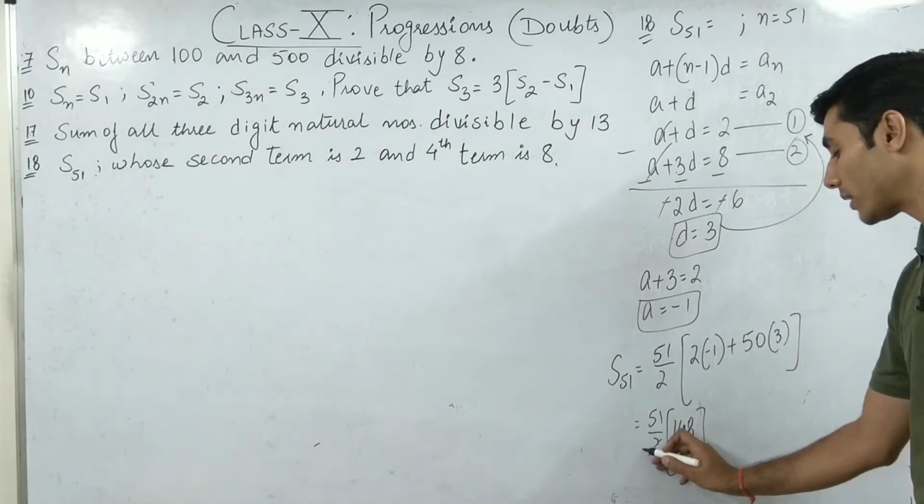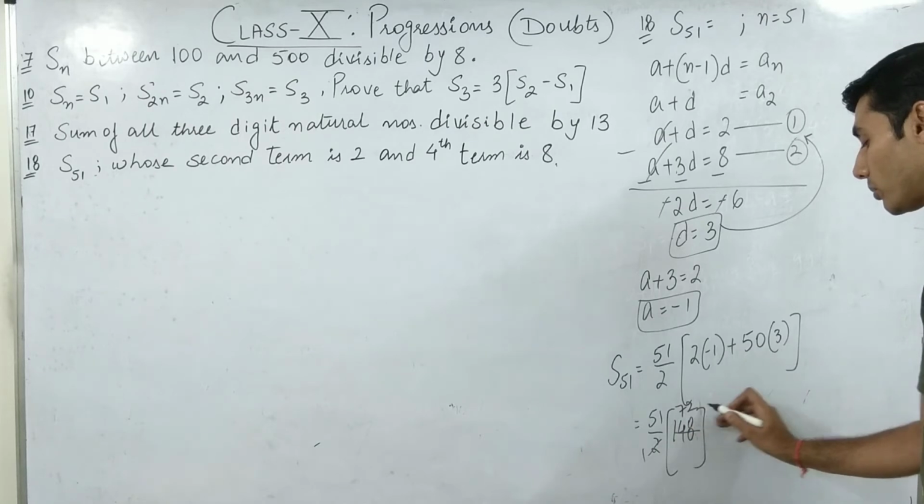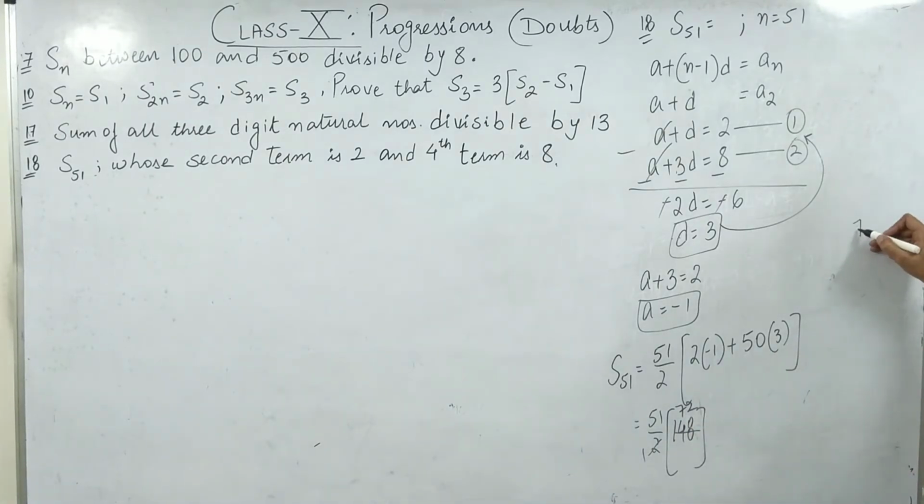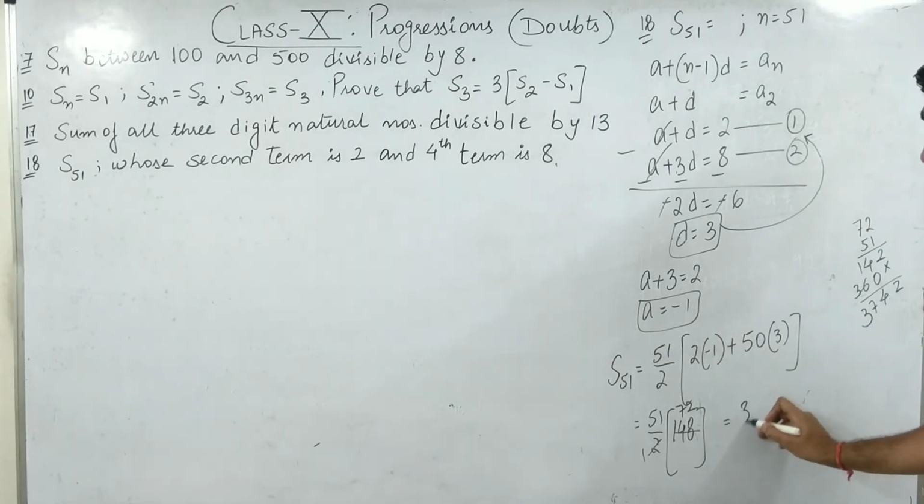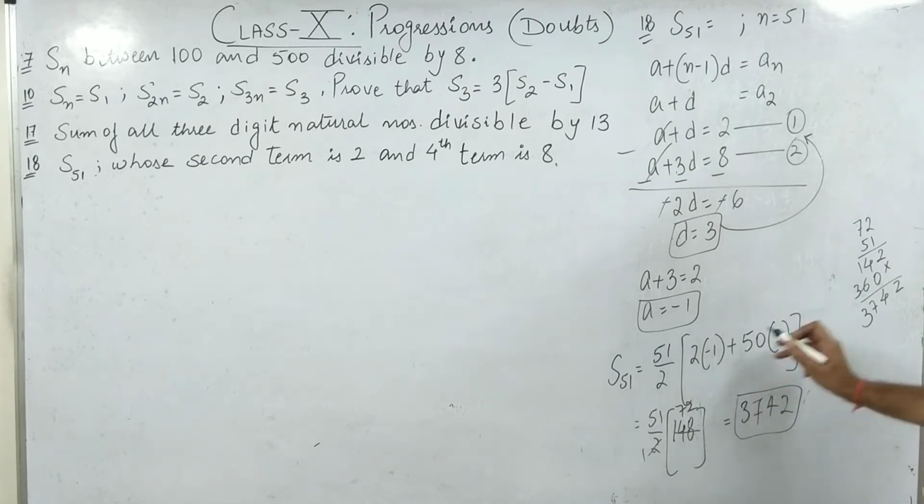So let's solve it. Half of 148 is 74. So 74 into 51. And you have got the answer as 3774. And that's all, it's done.